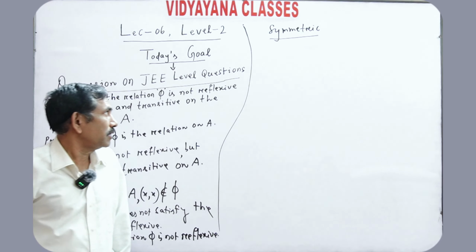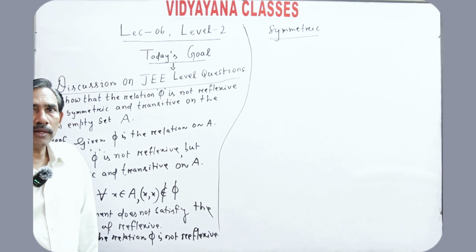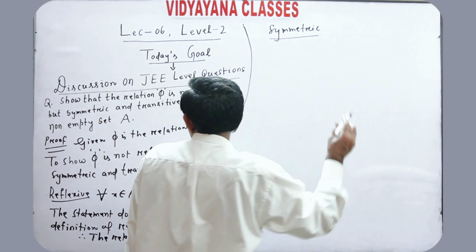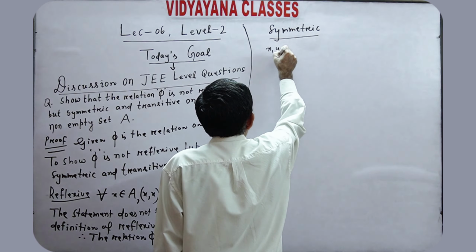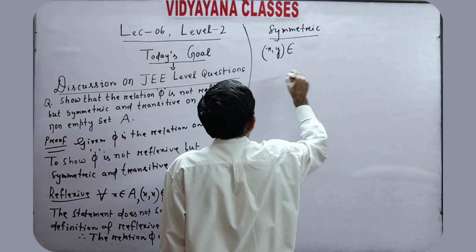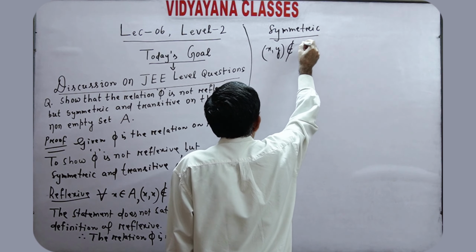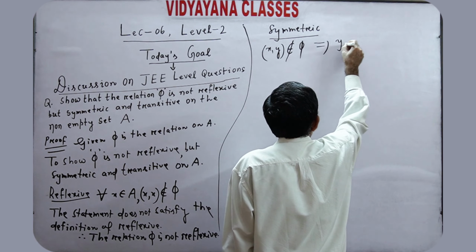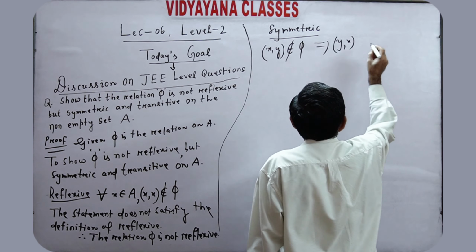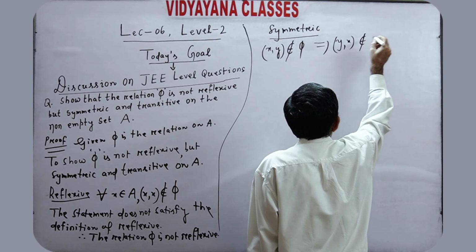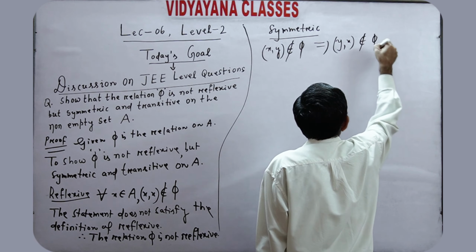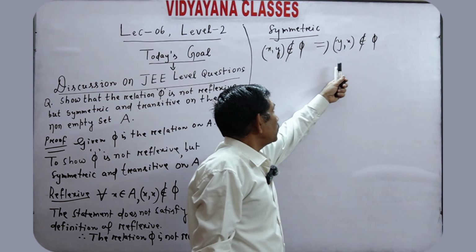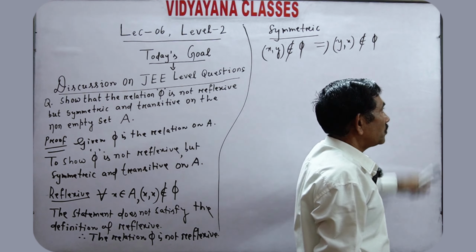If the ordered pair (x, y) belongs to R, that implies (y, x) belongs to R. Here (x, y) does not belong to R, R means phi, implies (y, x) does not belong to R. (x, y) does not belong to phi is true. (y, x) does not belong to phi is true.